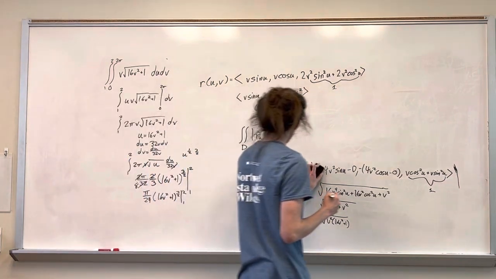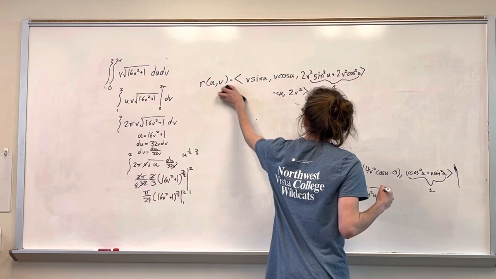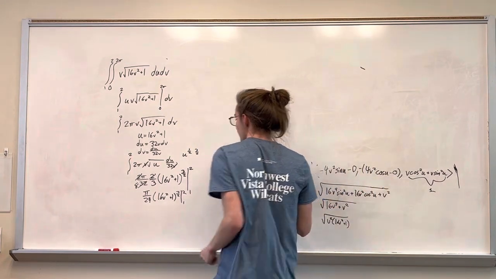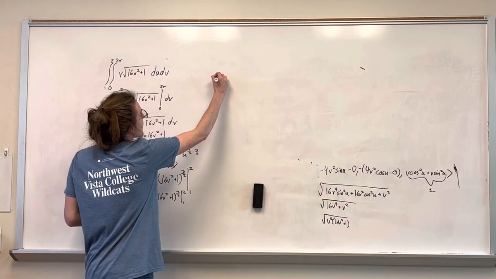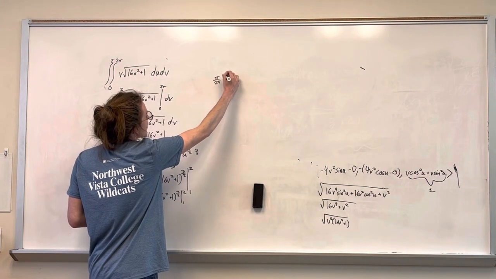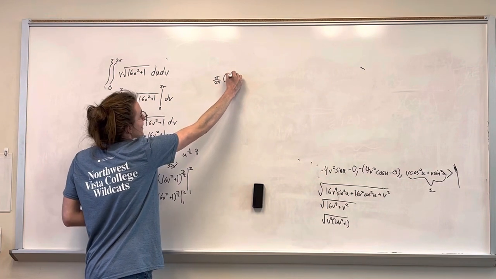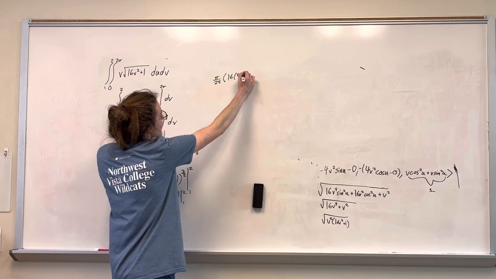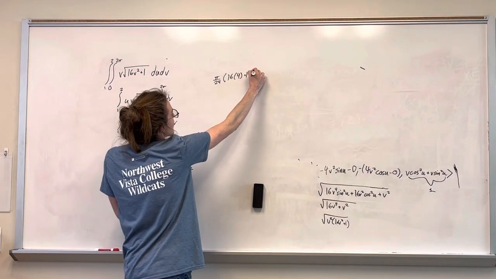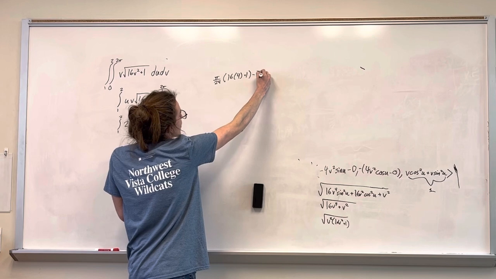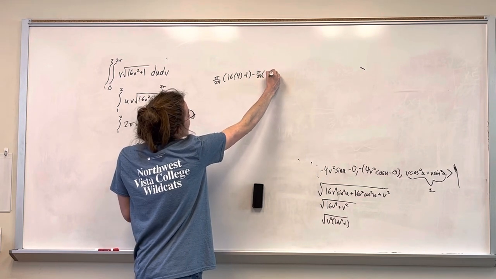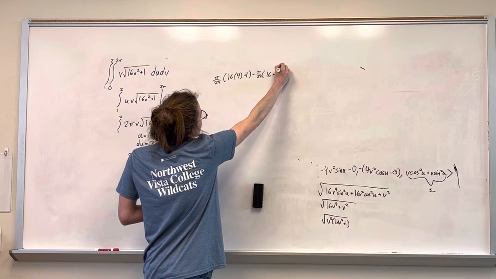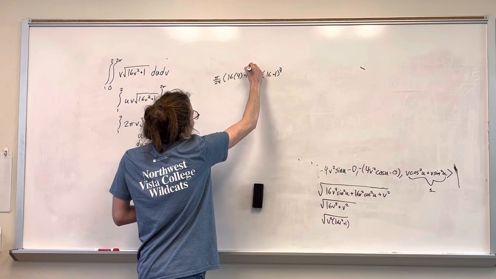Let's do it over here where we can make some room. So pi over 24, 16 times 2 squared, 2 squared is 4, plus 1, minus pi over 24, and 16 times 1 is just 16, plus 1, 3 over 2, almost forgot that.